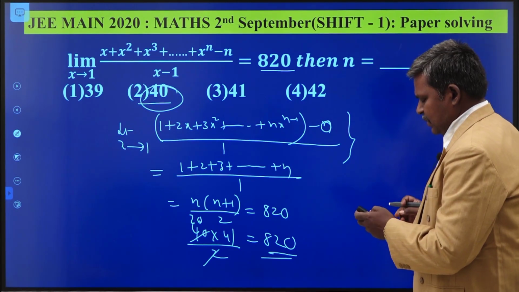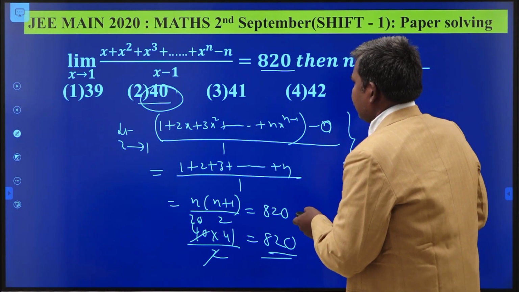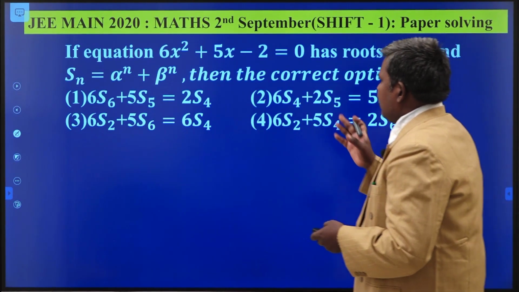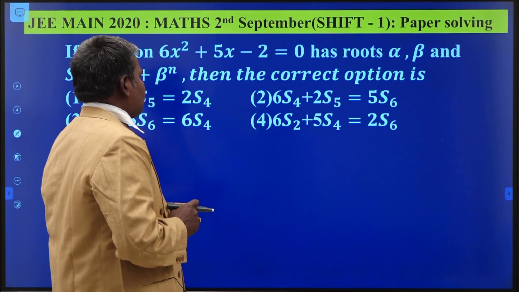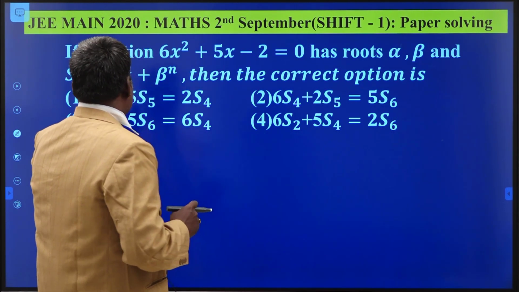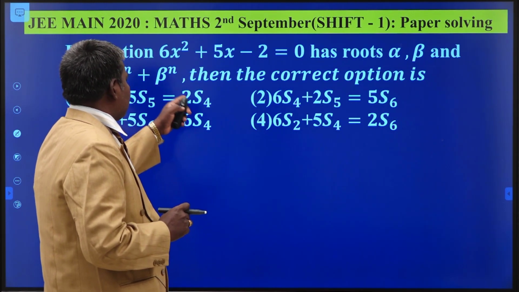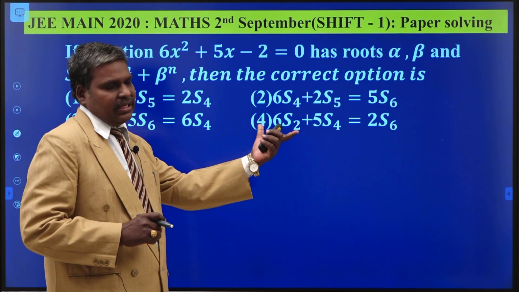Okay. Next, let us see the next question. The equation 6x square plus 5x minus 2 equal to 0 has roots alpha, beta, and Sn is equal to alpha power n plus beta power n. Then which is the correct option, they are asking.